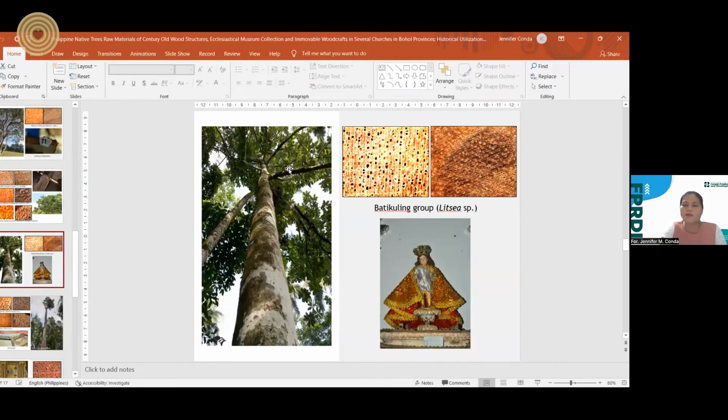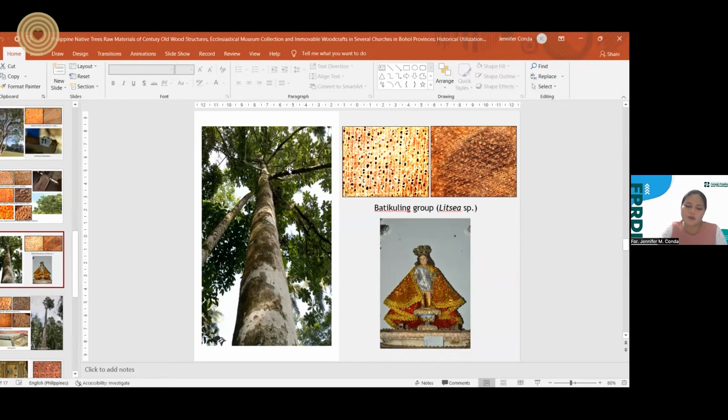So this one, the Batikuling group, or let's say species group, most of the structures that we have observed are made up of Bataikuling wood, are patrons, and sometimes you observe it in a Bible stand and crucifix. One of the macro or micro characteristics of this species is that the wood is golden yellow with moderately fine to moderately coarse texture, and it is glossy.